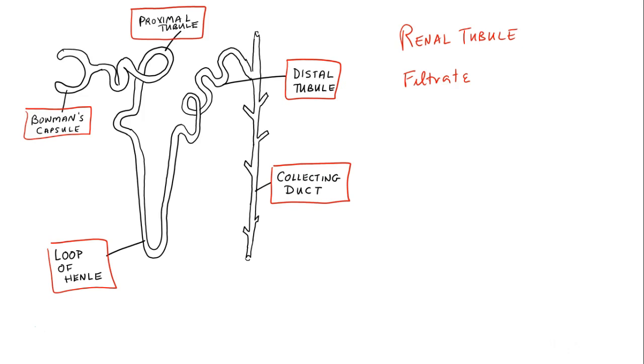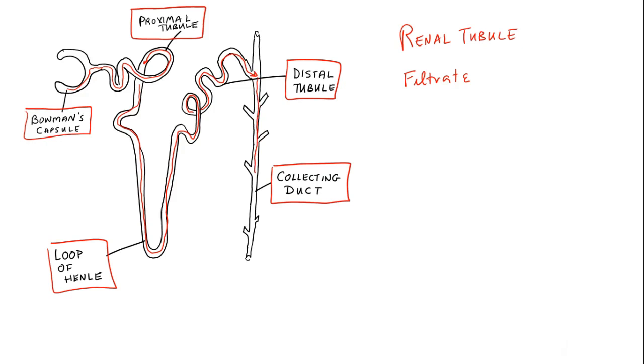And so let's just follow this with a pen. So from the Bowman's capsule, the filtrate, which is the first liquid that is removed from the blood capillaries, is going to travel from the Bowman's capsule into the proximal tubule, and is going to head from the proximal tubule down into the loop of Henle, and then up from the loop of Henle up into the distal tubule, and then from the distal tubule into the collecting duct.